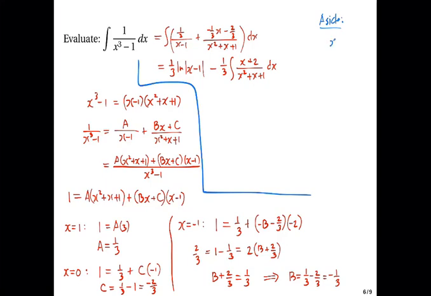So you have your x plus 2, okay, this x here, we can rewrite it as 2 over 2x plus 2.